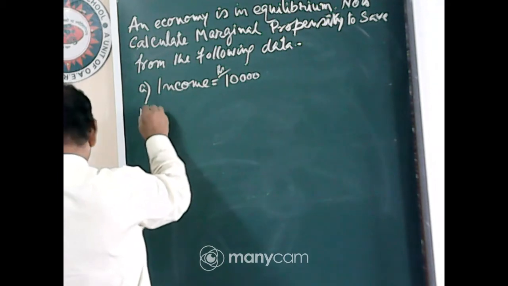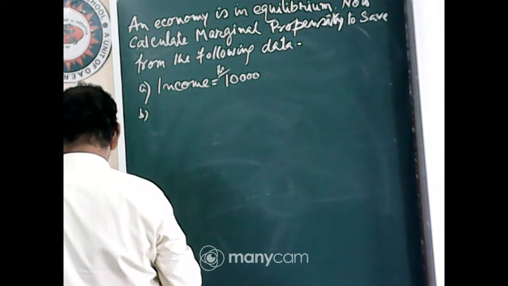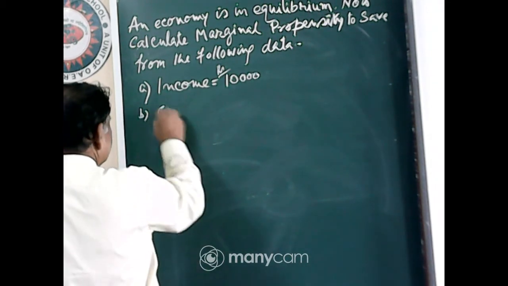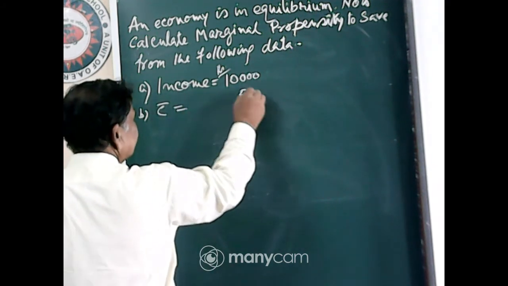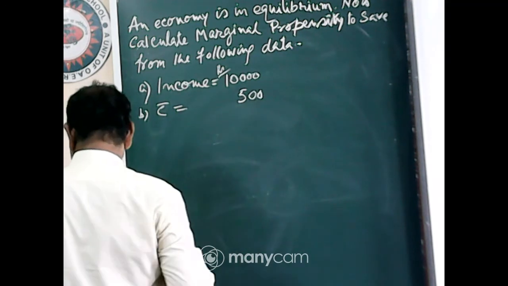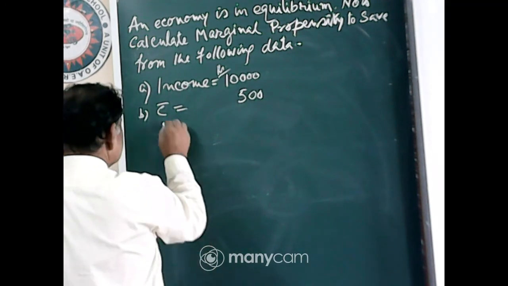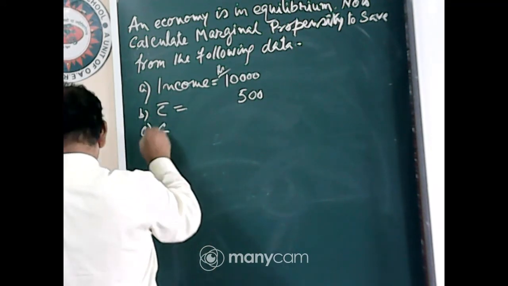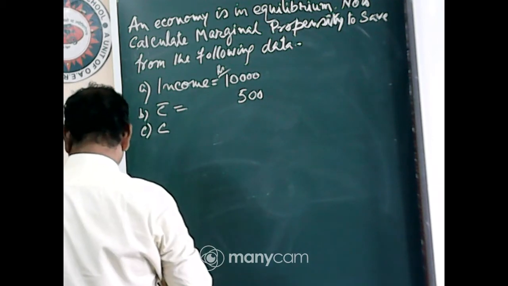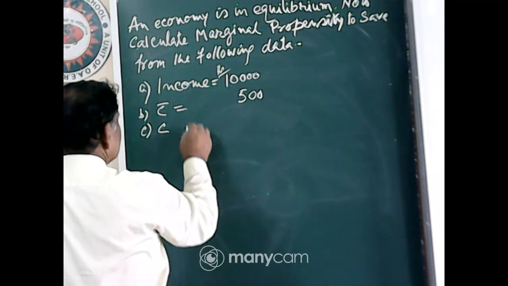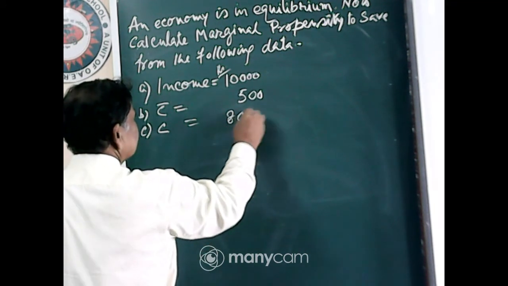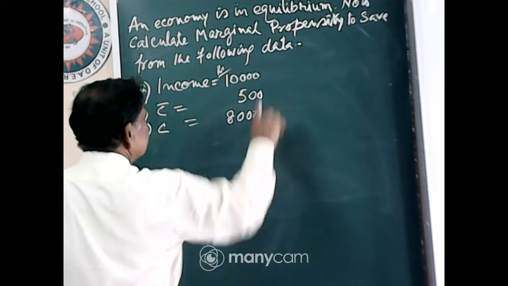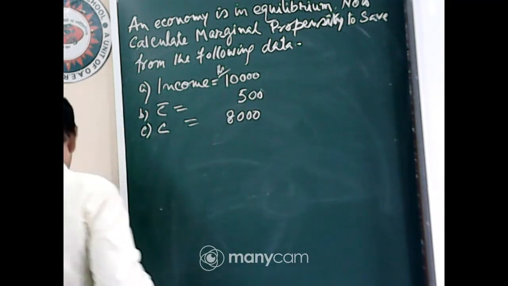B, C bar is equal to 500 and C is equal to 8,000.